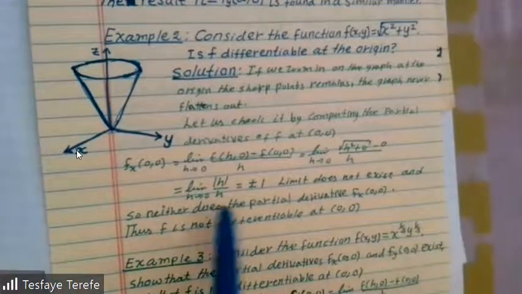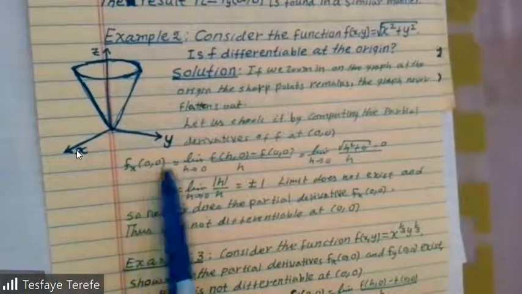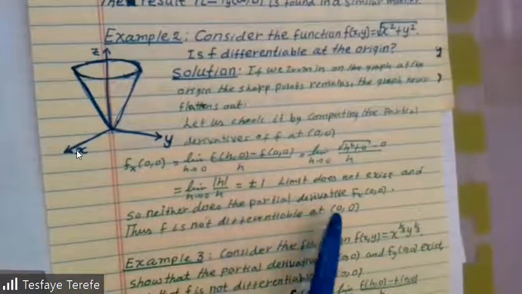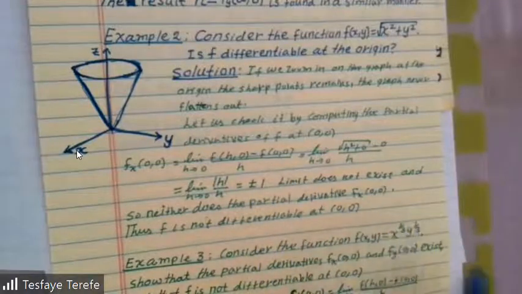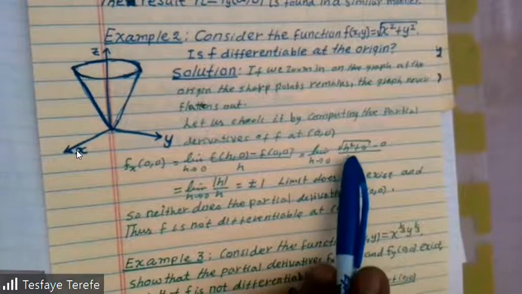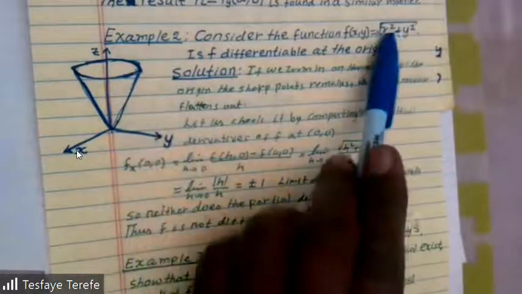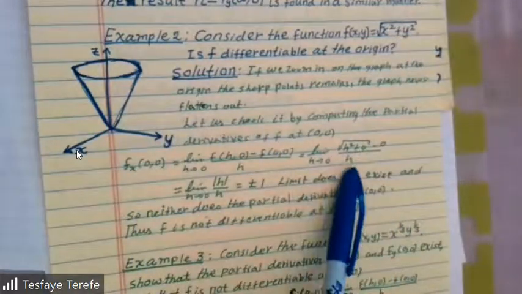If we differentiate at this point, we take f of (h, 0) minus f of (0, 0), divided by h, as h approaches 0. This will be the square root of h squared plus 0, over h.